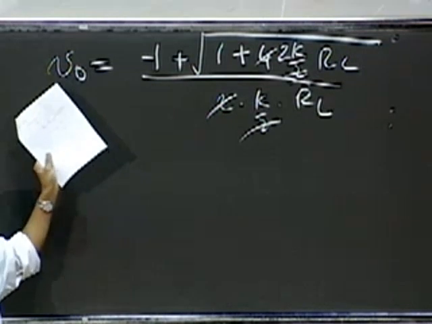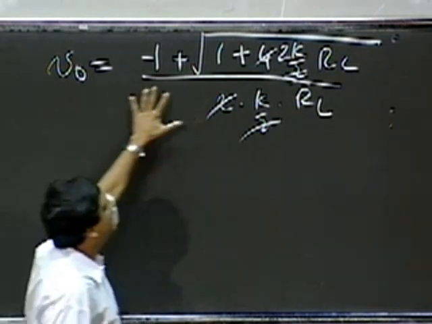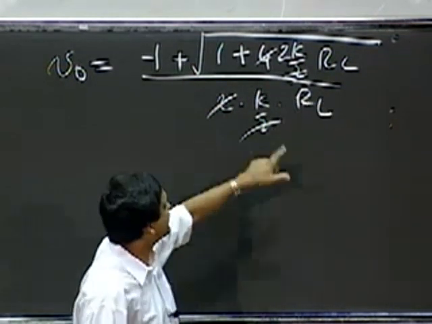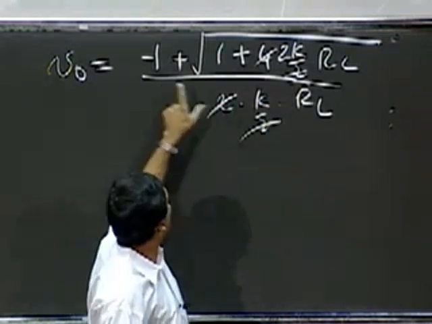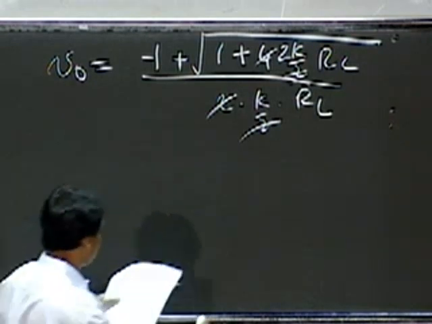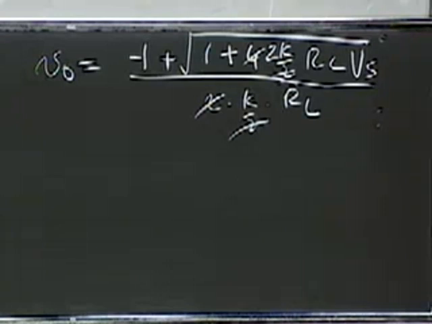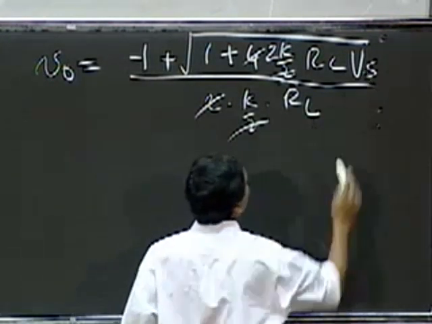So it tells me that V naught, at the point where the output just equals one threshold drop below Vi, is given by the other circuit parameters such as Vs, RL, and so on. Oh, I'm missing a Vs here. I forgot the Vs up here.